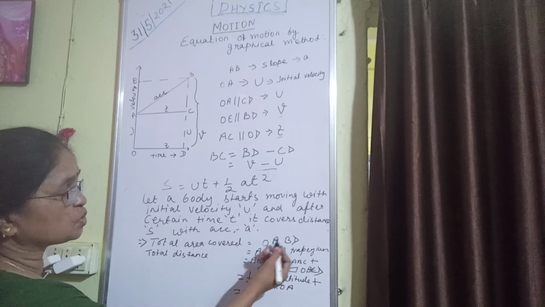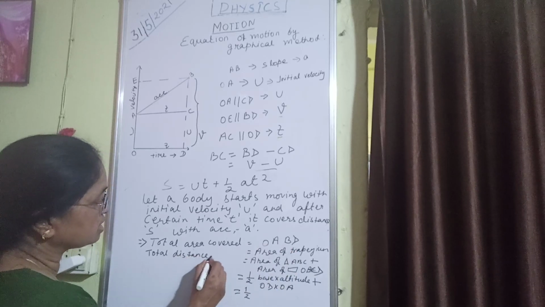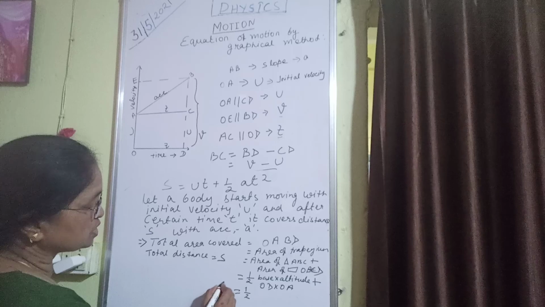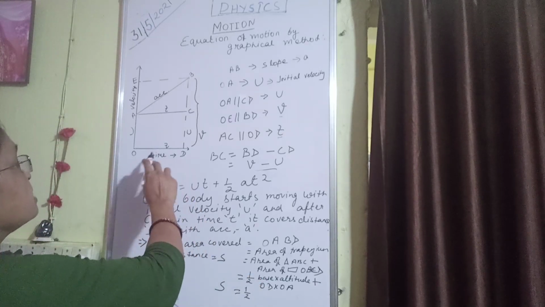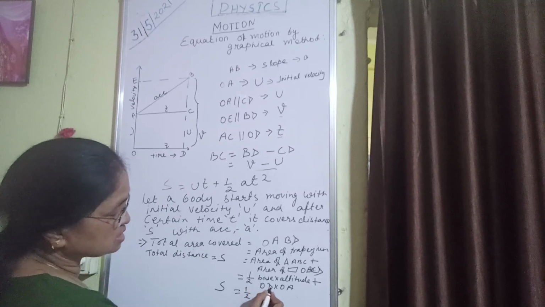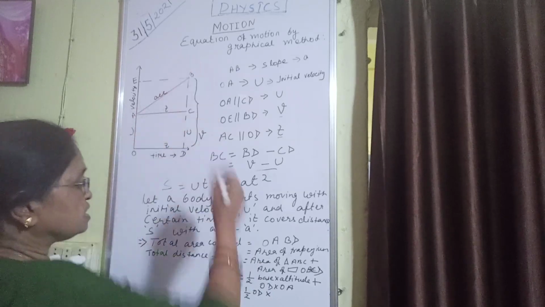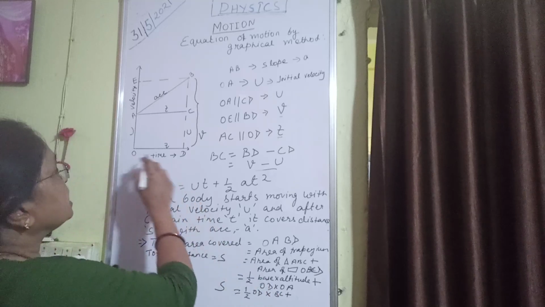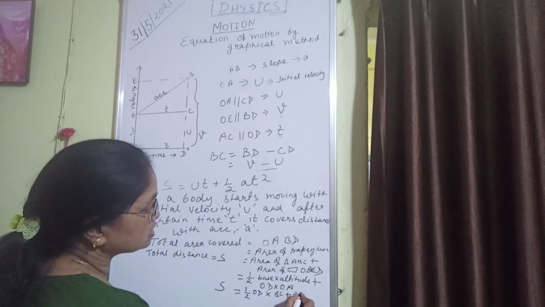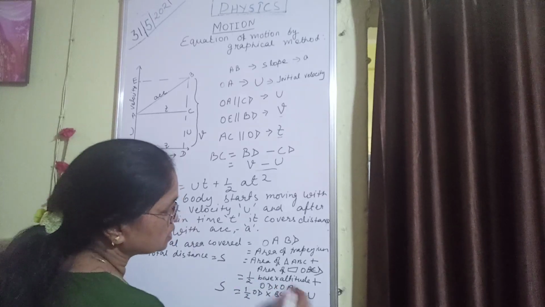Total area is OABD, so total distance I am directly writing as S. So S is equal to half, base is OD, that means time, into altitude BC, plus OD, which is time T, into OA, and OA is U.